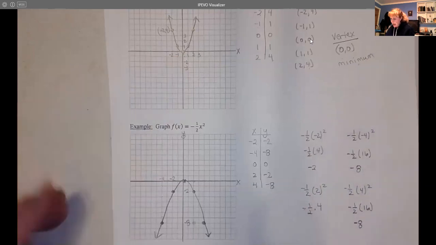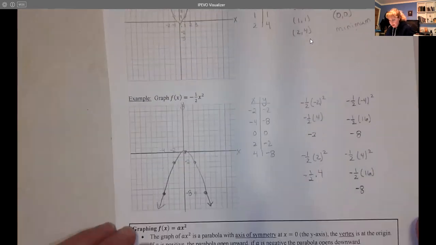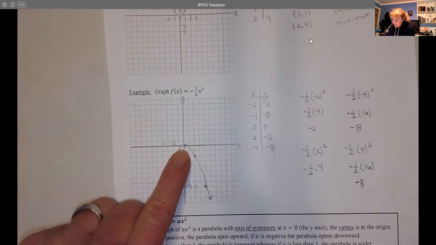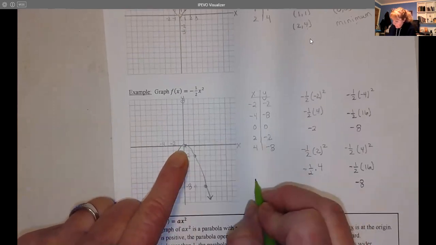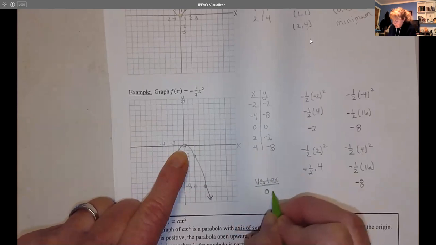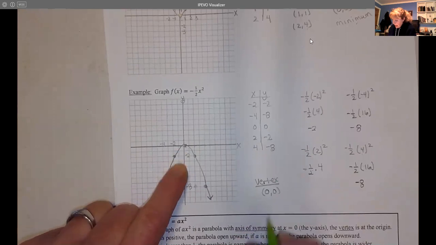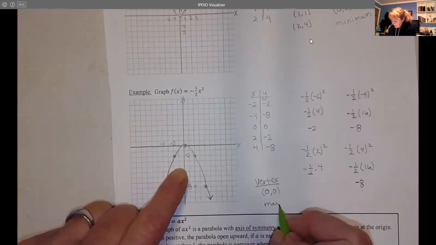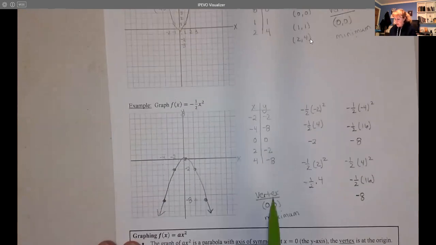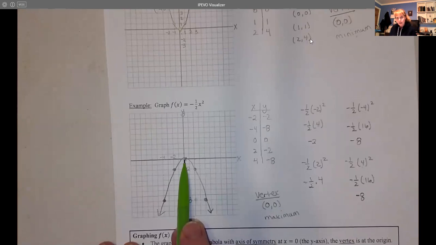Now let's look at this one here. The vertex is 0, 0. That's also called the origin, and this is a maximum, okay, rather than a minimum. So this vertex is the high point.